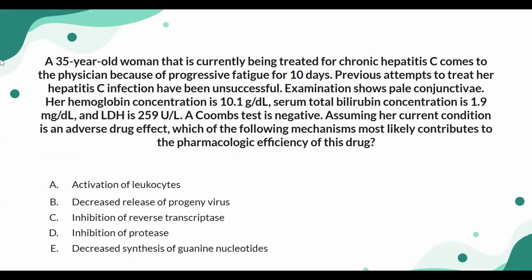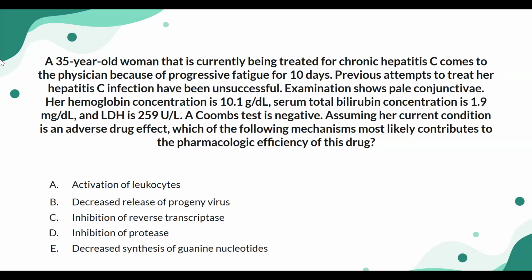Total serum bilirubin concentration is 1.9, which is higher. I think the normal is supposed to be close to 1, and 1.9 is considered high. And then the LDH is 259, which is quite high as well. A Coombs test is negative. Assuming her current condition is an adverse drug effect, which of the following mechanisms most likely contributes to the pharmacological efficacy of this drug?